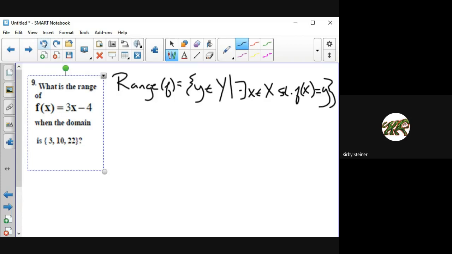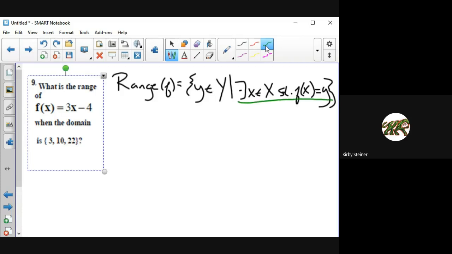But we're restricting that. Our range can't be all numbers because the domain is restricted. In this case, the domain is only 3 numbers: 3, 10, and 22. So we're only looking at those values of y for which there is an x such that the function is defined. There are only 3 such x's, so our range is going to be limited to those 3 numbers.